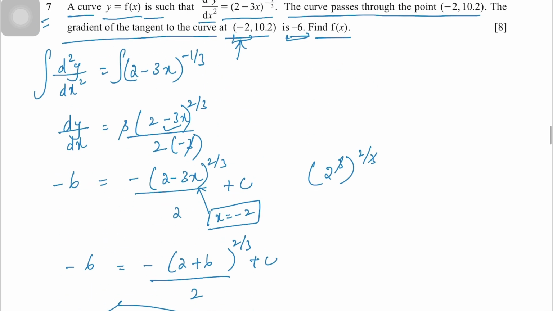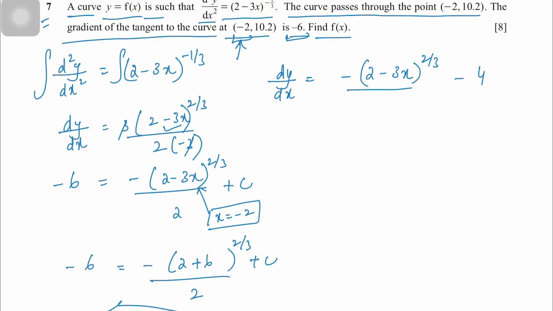So we can write our dy by dx as negative (2 minus 3x) power 2 over 3, then negative 4 as our c, and we have 2 as our denominator. Now we need to integrate it again to find the actual equation.